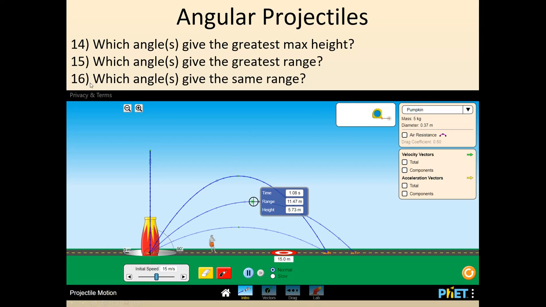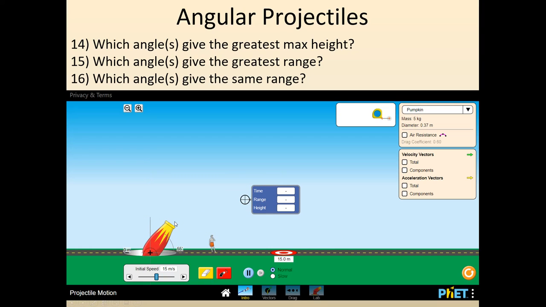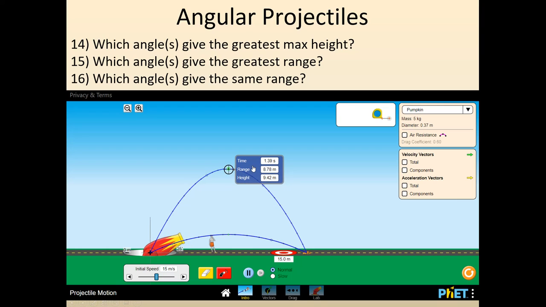And then the last part, which angle gives the same range? Well, we can already see here that 30 and 60 give the same range, 9.93 and 9.93. But it's also important to note that those aren't the only angles that will do it. If I instead go to 65 and 25, these two will also reach the same range of 8.78.